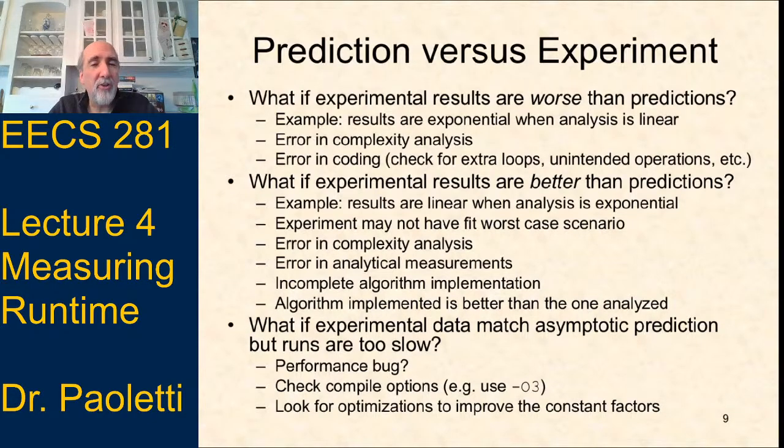All right, what if our experimental results are better than what we predicted? So we got, say, a linear when we predicted exponential, or a logarithmic when we predicted linear. Well, one thing that could have happened is we could have not generated enough random numbers to get a really good experiment. Maybe we just happen to get a best case.